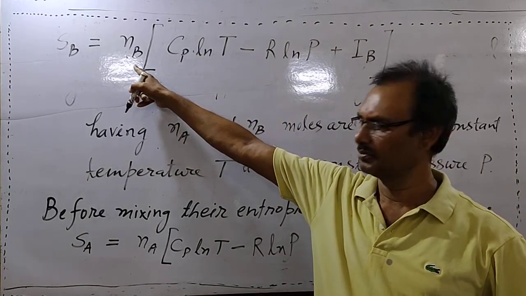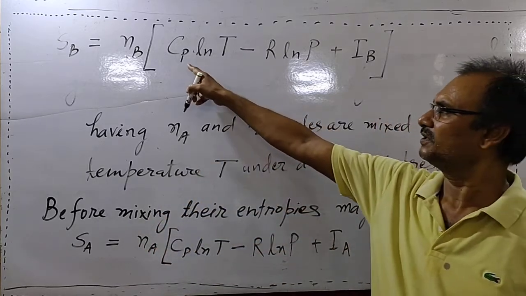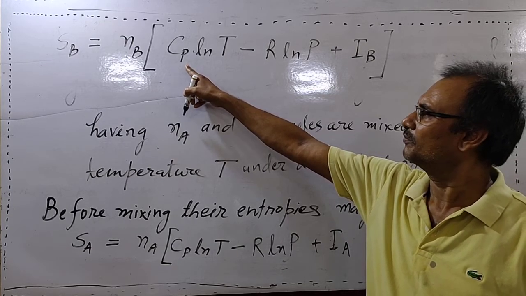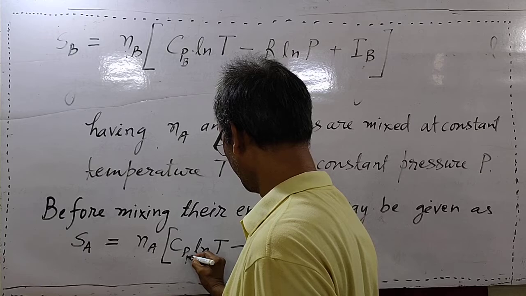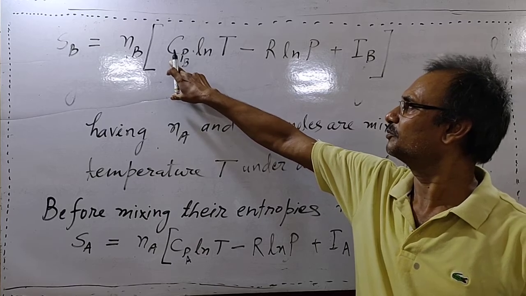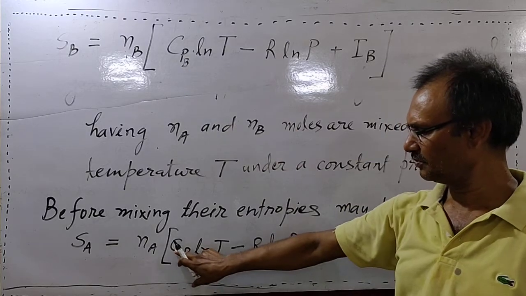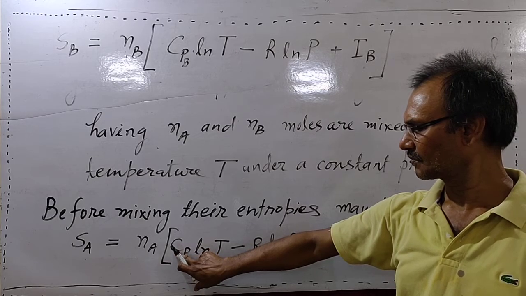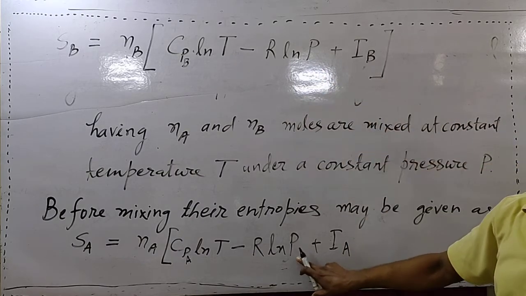NB is the number of moles of B, Na is number of moles of A, CPB is the specific heat at constant pressure of B, and CPA is the specific heat of A. P is pressure.